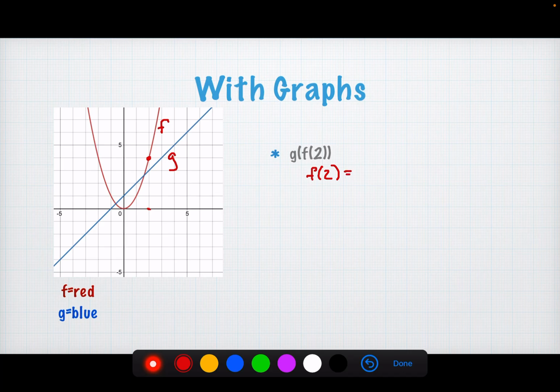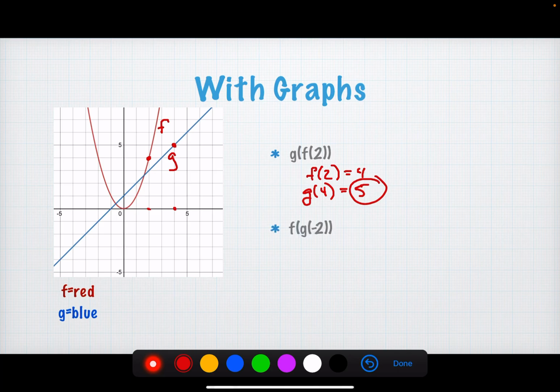So f of 2 must be 4. Then I plug that into g. So I have to do g of 4. I'm looking at my blue function now and asking, what happens when x is 4? Here's 4. Apparently it's 5. So g of f of 2 must be 5. Starting with 2, plugging it into f, plugging that answer into g.